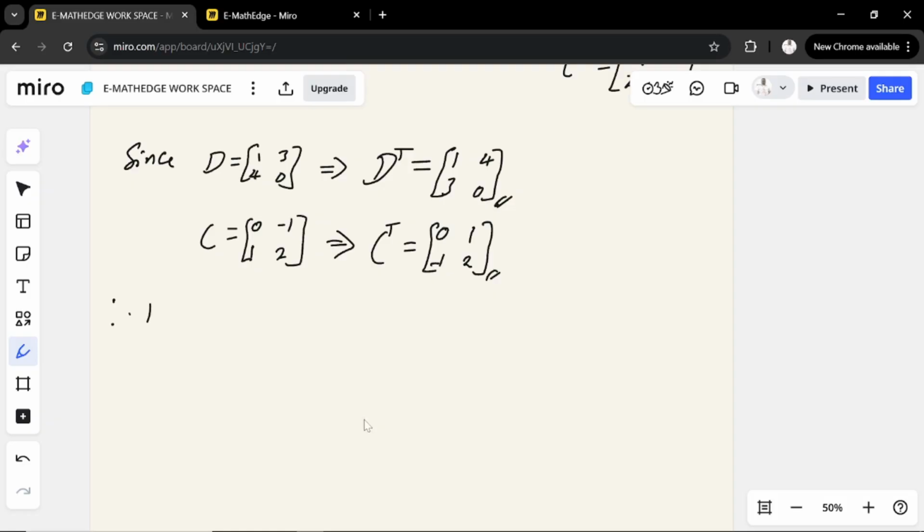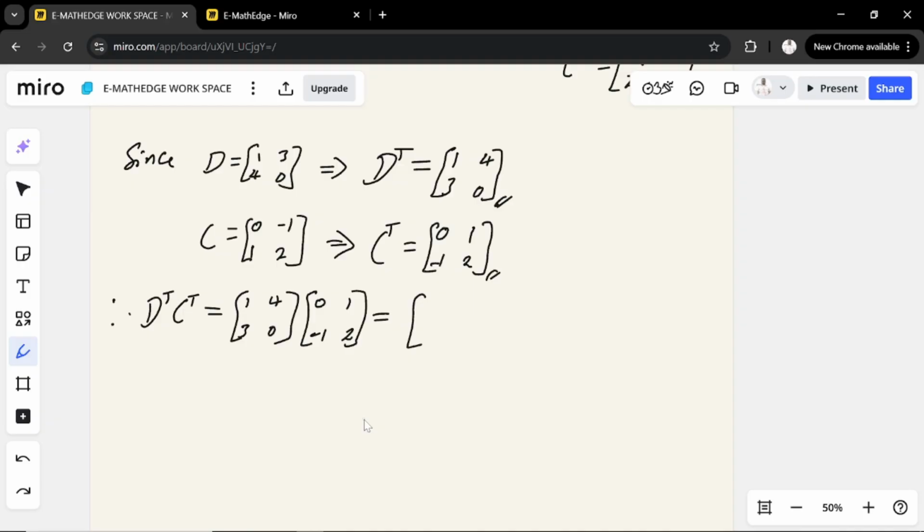Therefore, D transpose multiplying C transpose is going to be, what is D transpose? We have it to be 1, 4, 3, and 0, multiplying C transpose, which is 0, 1, -1, and 2. So let's go ahead and solve this multiplication. Remember, for multiplication it is first row by first column to obtain the element in the first row first column.